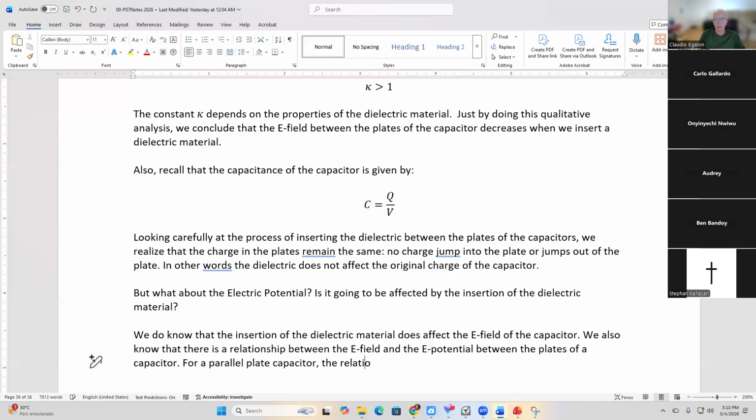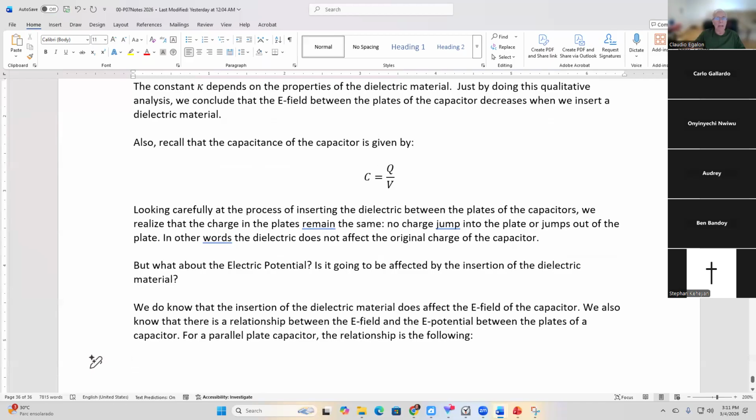The relationship is going to be E is V divided by the separation of the plates, okay?